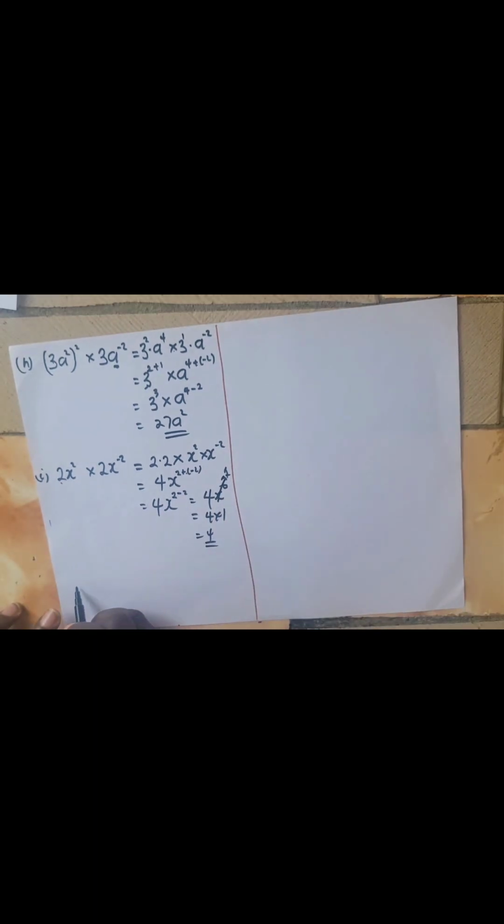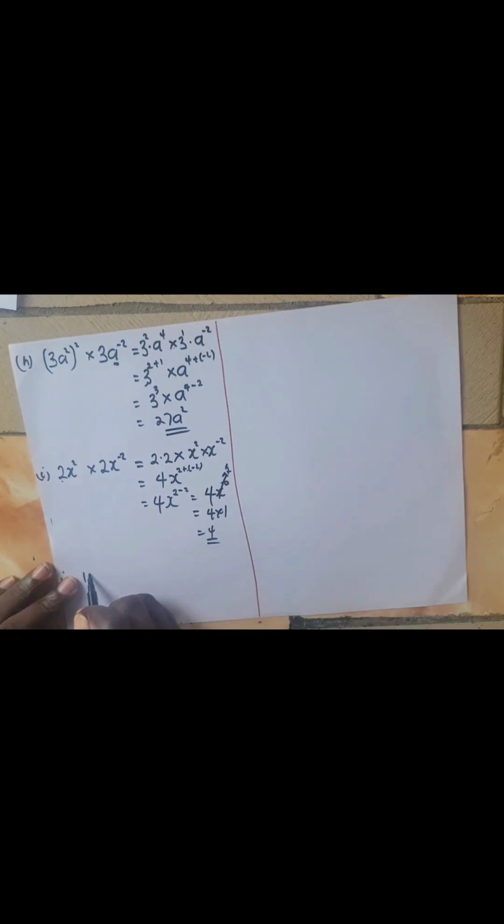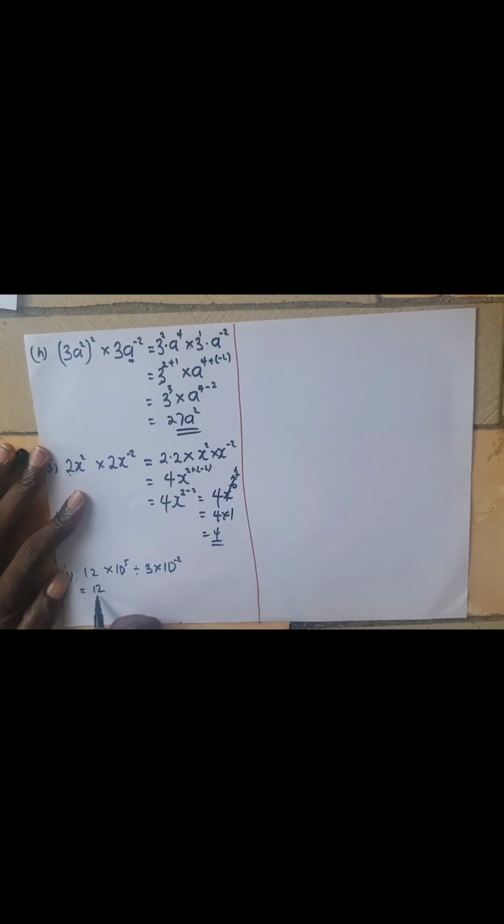And the last one here we have j. 12 times 10 raised to the power 5 divided by 3 times 10 raised to the power minus 2. Bring the numbers together like terms. This is 12 over 3 times 10 raised to the power 5 divided by 10 raised to the power minus 2.